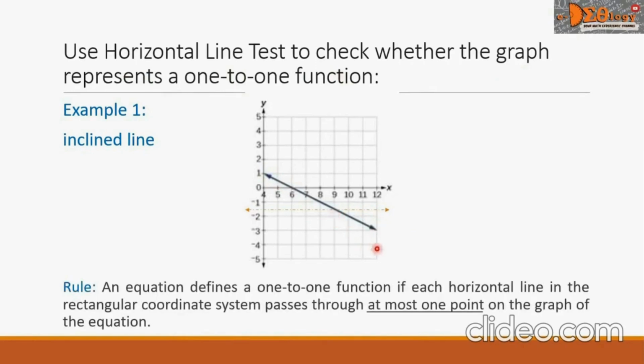The horizontal line test says that each horizontal line in the rectangular coordinate system must pass through at most 1 point on the graph. And since the horizontal line touches the given line at only 1 point, we say that this line is a one-to-one function. This is our final answer.